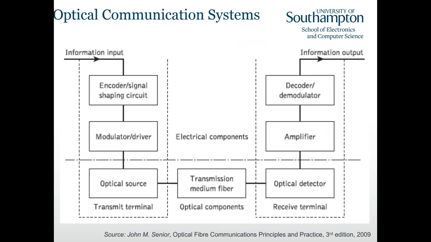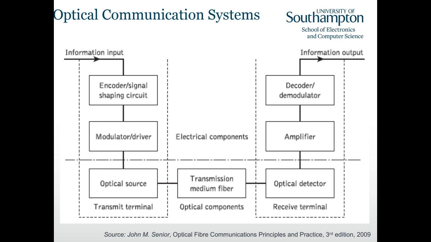So the optical system is completely different. As I said before, there is actually only one way to generate light, which is we need to stimulate an electron. And then when the electron gives up its energy, it will produce a photon. It will emit light.